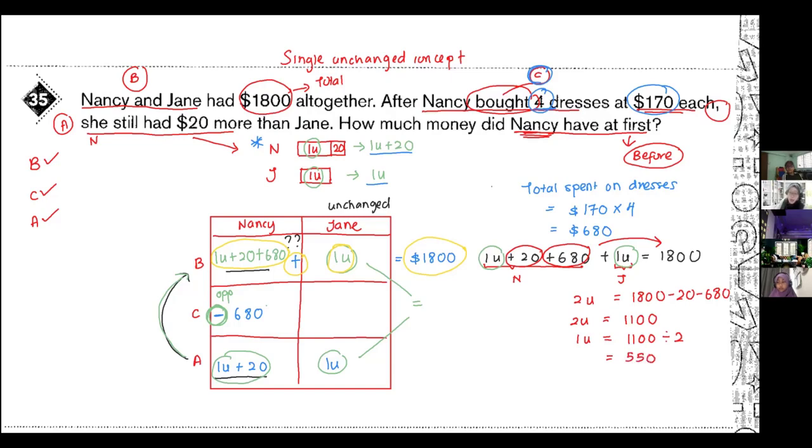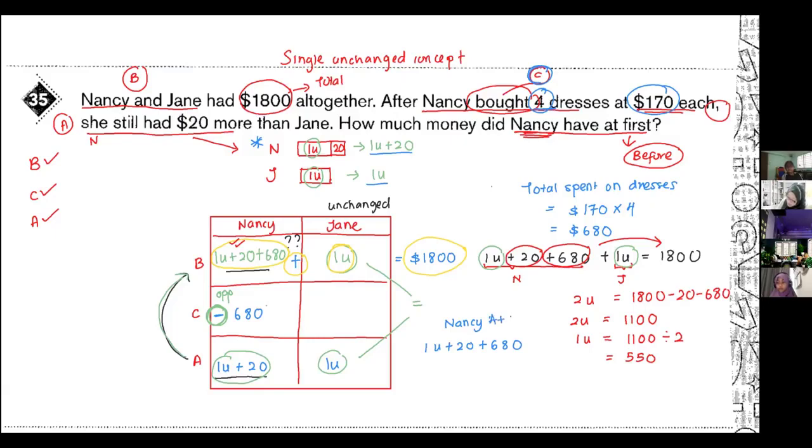I do not stop there because what do I want? My question mark says I want Nancy at first, which is actually 1 unit plus 20 plus 680. This is Nancy before, okay? The before for Nancy or at first.